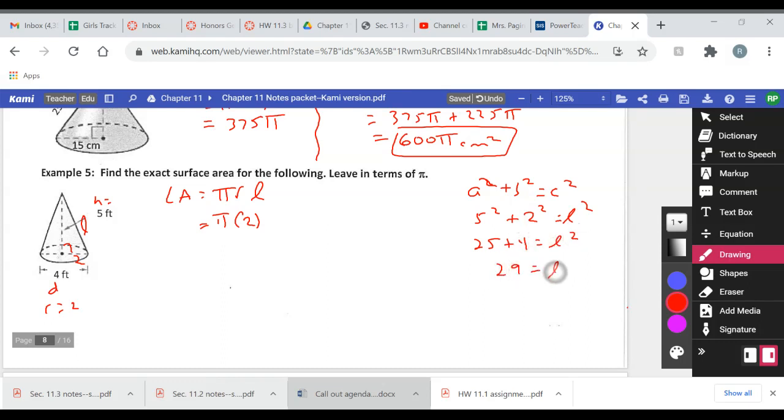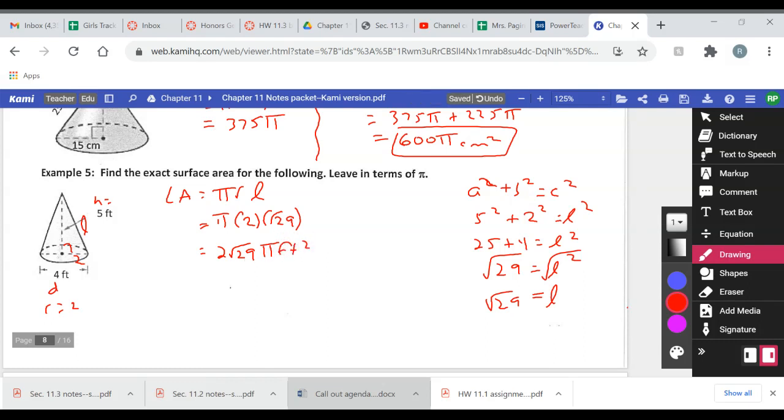So 29 is equal to L squared. And if I take the square root of both sides, I get square root of 29. And that's what goes in for the slant height. If I go ahead and get that simplified down a little bit, then I've got 2 square root of 29 pi feet squared.